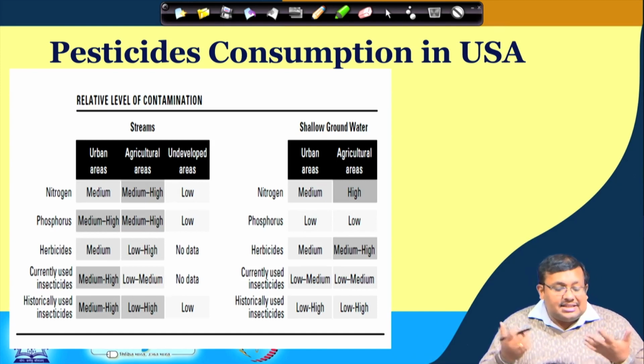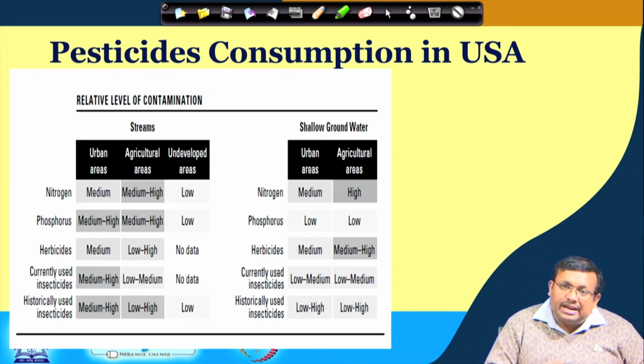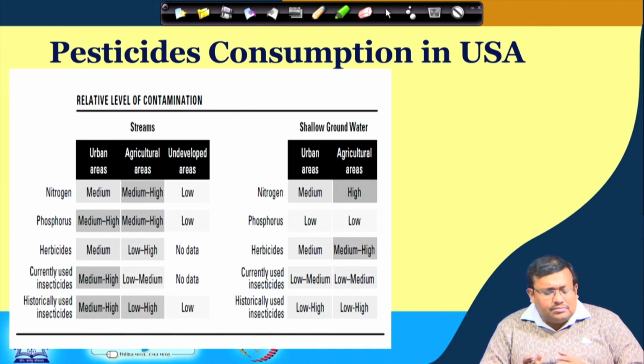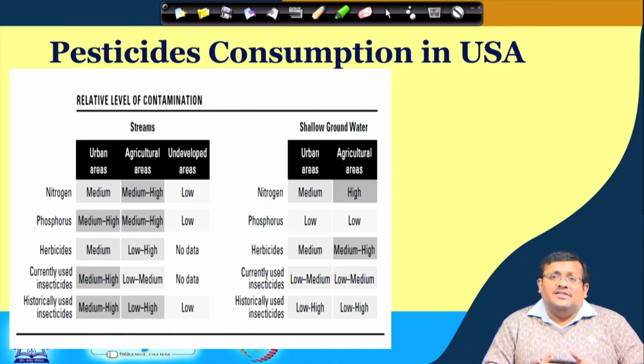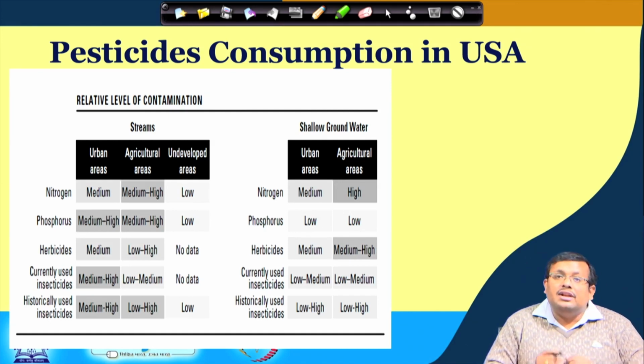In case of phosphorus, in both urban and agricultural areas, we get medium to high level of contamination, whereas in undeveloped areas there is again a low level of contamination.